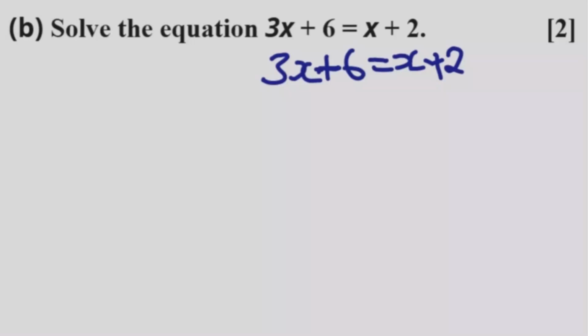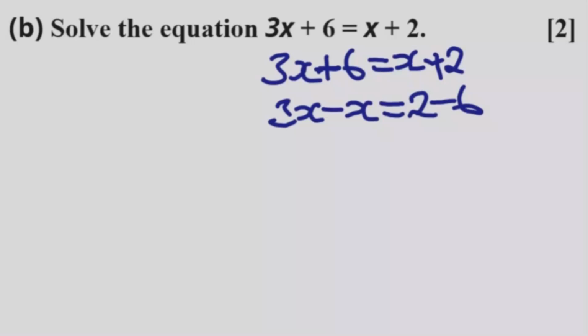At this stage, I need to put like terms together. So I'm going to have 3x, then this x will cross the equal sign and become minus x, which will be equal to positive 2, that is 2, then 6 will cross the equal sign and become minus 6.